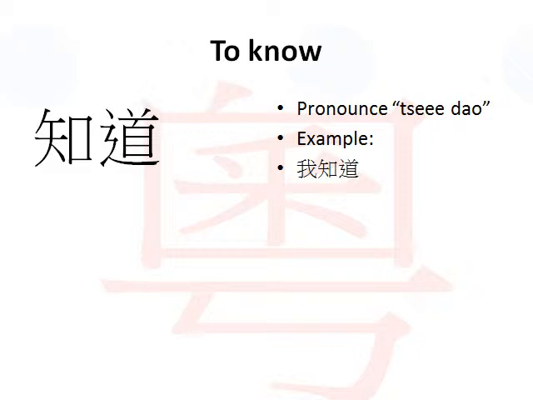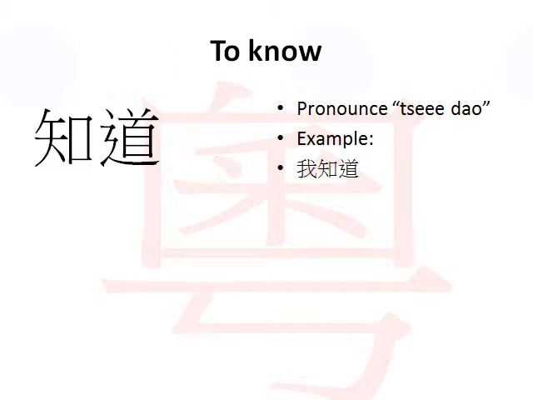For the verb to know in Cantonese, it is again represented by two kanjis, which overall is pronounced as 知道. The first kanji on the left we would pronounce as T-S-E-E. We would like you to emphasize the E sound, so it's Ji.